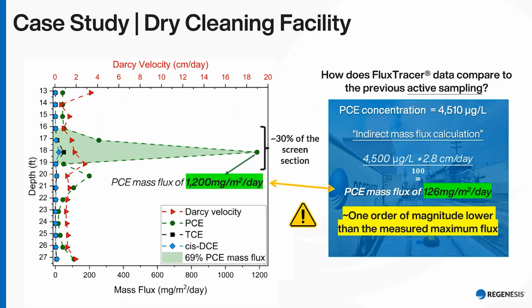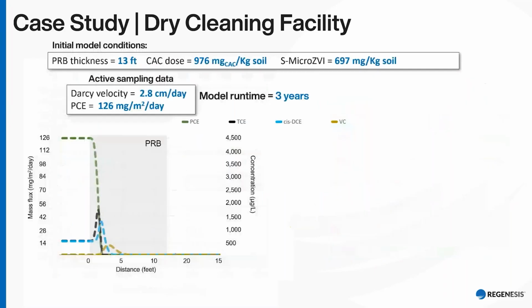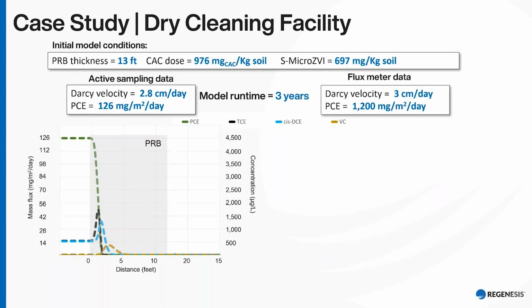The question you might be wondering now is, how will this affect the design? We went back to the design that we showed before with 126 milligrams per square meter per day, with the same dosing. How will this dosing behave in this high peak, without rerunning the model, just using the same dosing we had initially calculated?